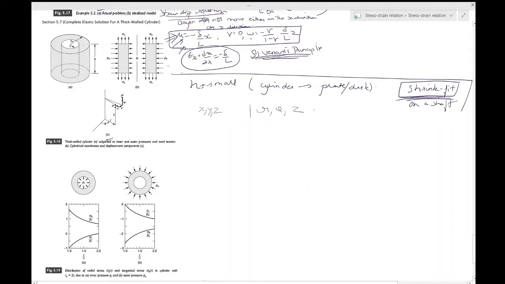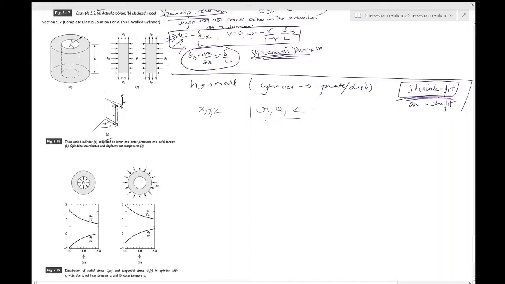So if the point is P, it will have an r component, meaning you move in the radial direction, a theta component, this angular part, and then this z height part of it. That takes you to this point P.